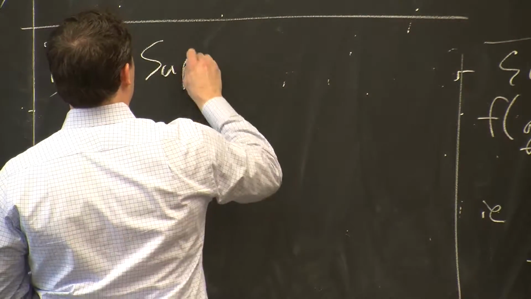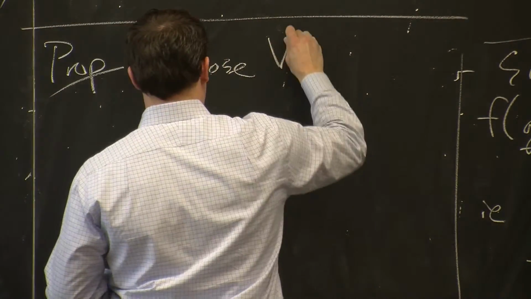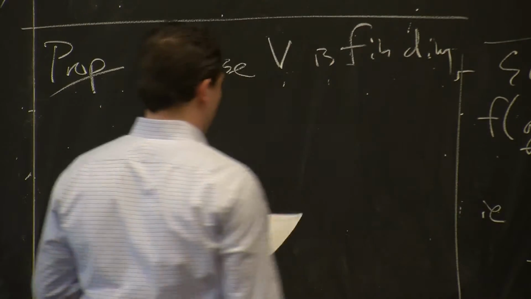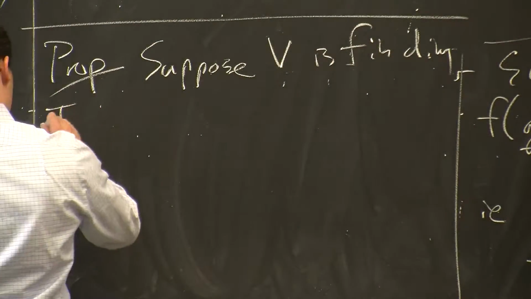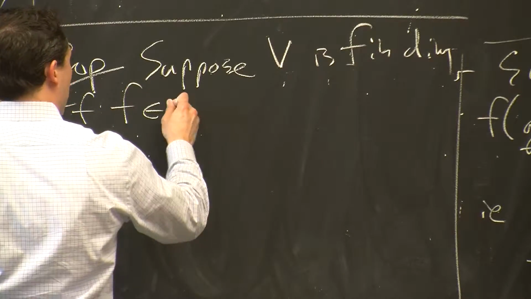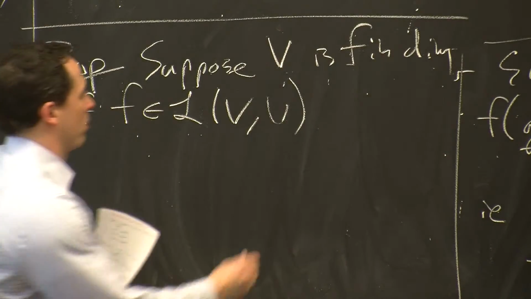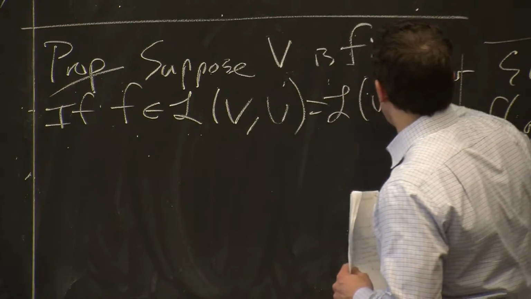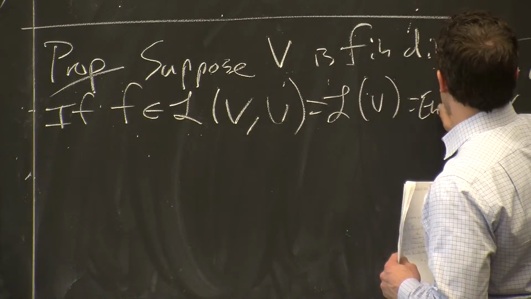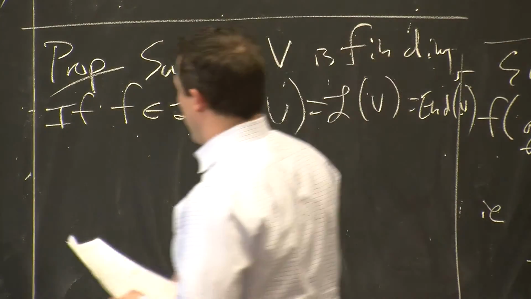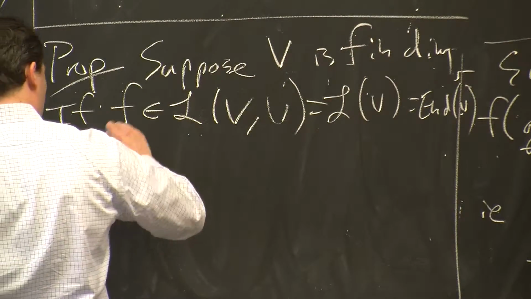So suppose V is a finite dimensional vector space, and consider a linear map from V to V. So we also write L of V, or endomorphisms of V. Then the following are equivalent.